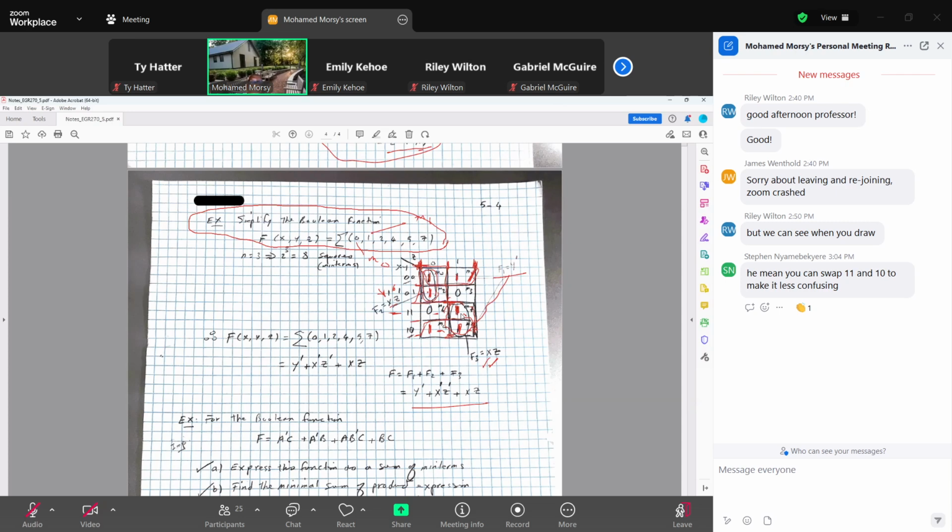This is the maximum simplification you can get. If you try to do more simplification using Boolean algebra, you can. Any question here?